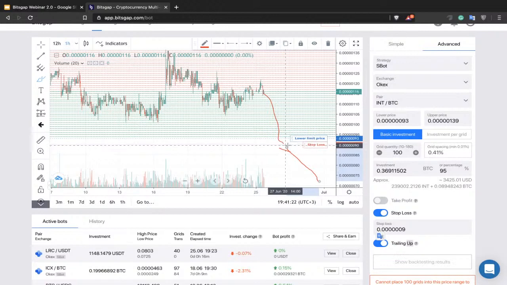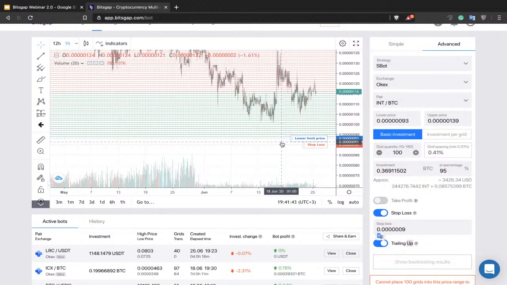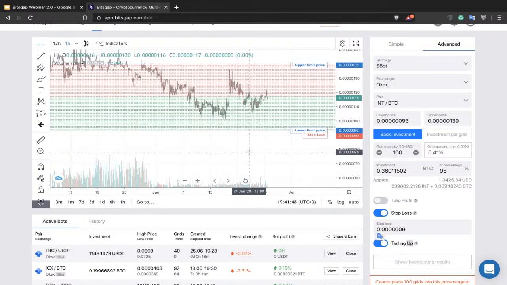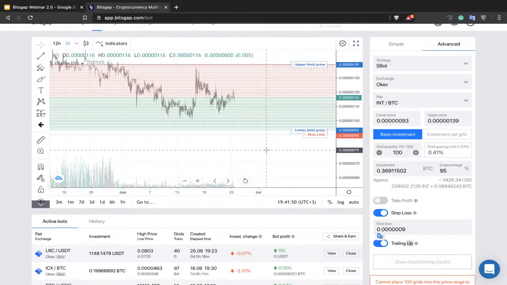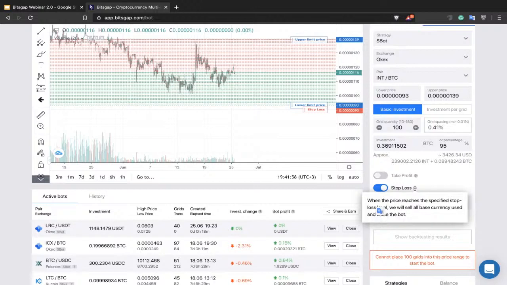Just because we had the stop loss, we are no longer in the market, so we are no longer affected by this consequent market depreciation. Without the stop loss, you can have big losses. So the stop loss is a basic risk management principle to guard you from big market downside momentums. And here you can also read more about it, a brief explanation of what this is all about.